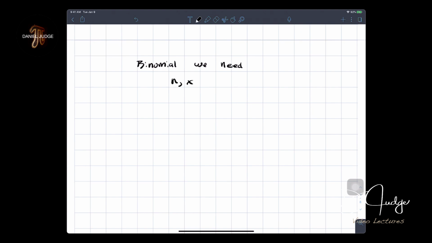N, X, and P. And remember, X is the number of successes for independent trials. And N is simply the number of trials. P is the probability of a success for a single trial.